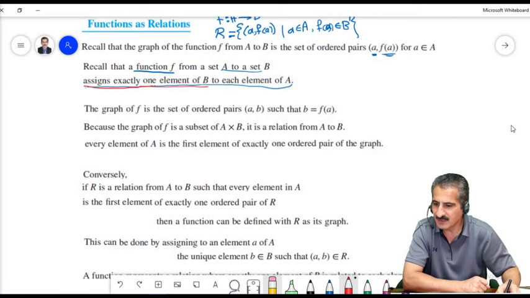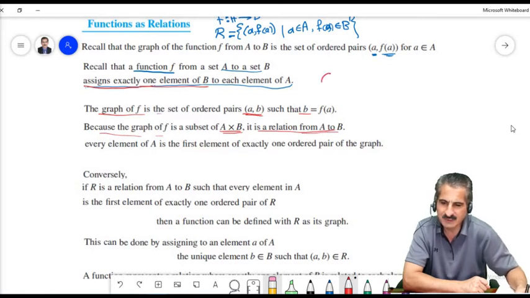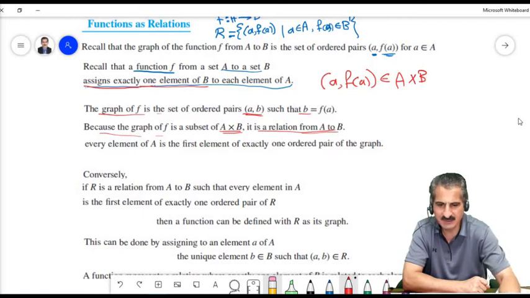And the graph of f is the set of ordered pairs. You know that. And now, because the graph of f is a subset of A cross B, then it is a relation. So what we are saying here simply is that (a, f(a)) is an element here. That's in the last line.